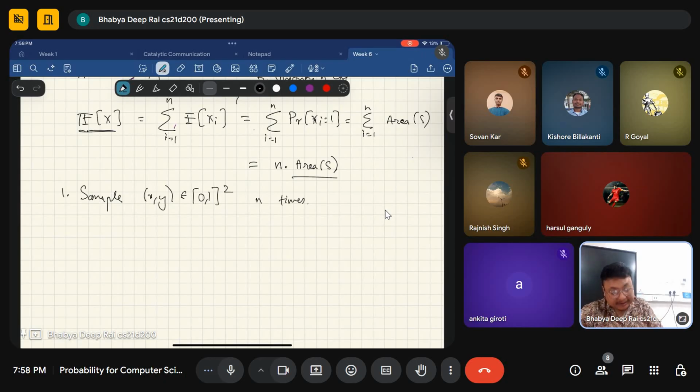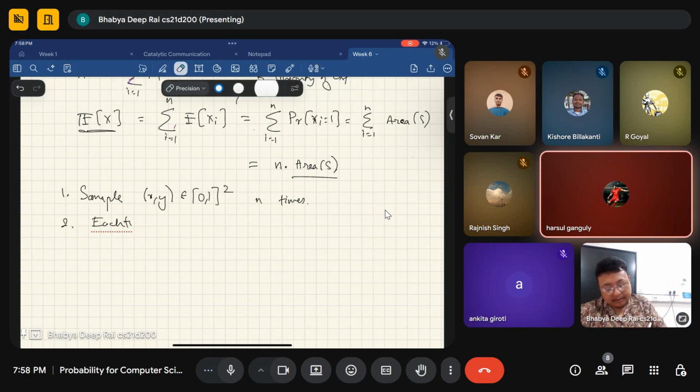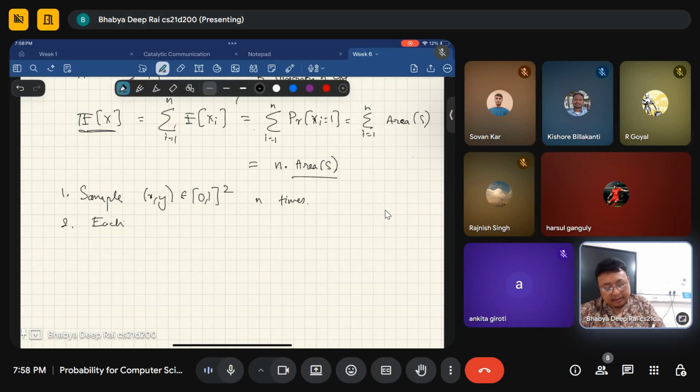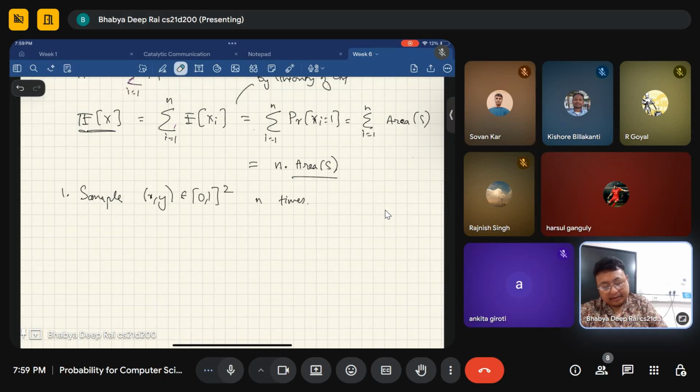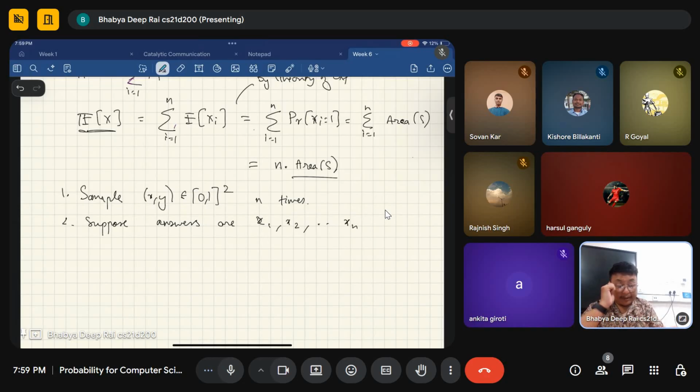Each time, let's say the samples, suppose whether they are inside S or not, answers are no, x1, x2, and so on. Let me write it as small x1, x2 to xn, they are fixed now, right?